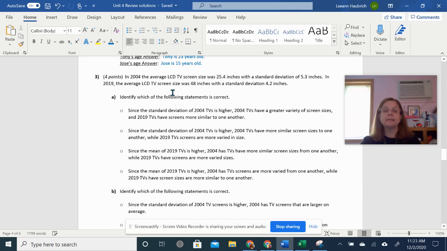In 2019, the average LCD TV screen, and this is what was sold. It wasn't necessarily that it was in houses, it was what was sold. So 48 inches, and the standard deviation is a little bit smaller. It's 4.2. So 48 minus about 4 would be 44.